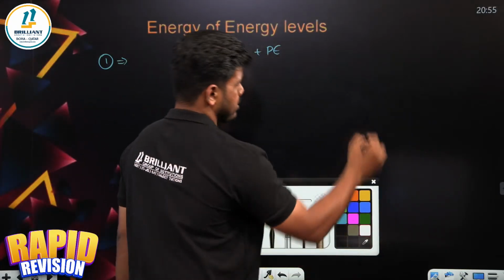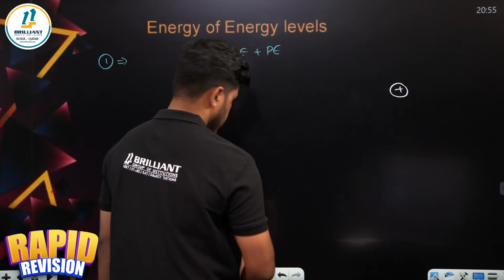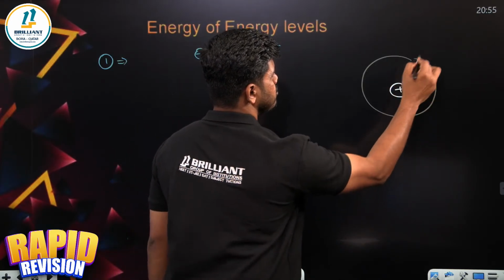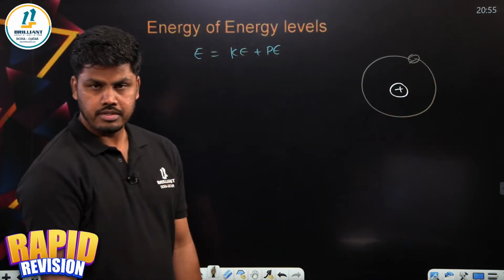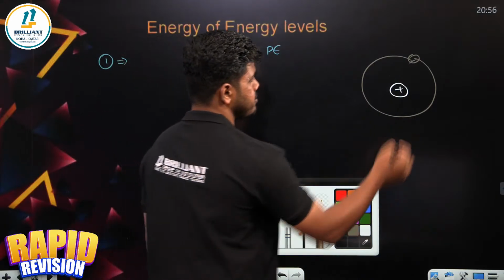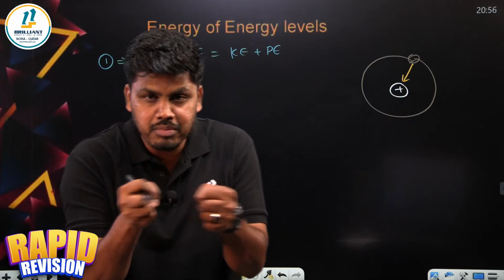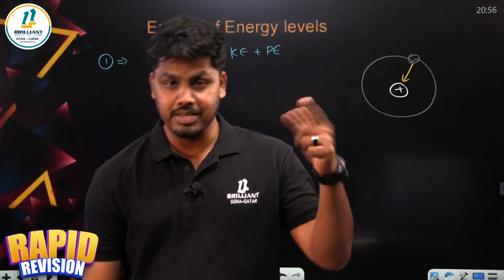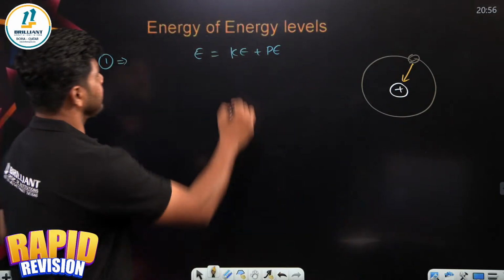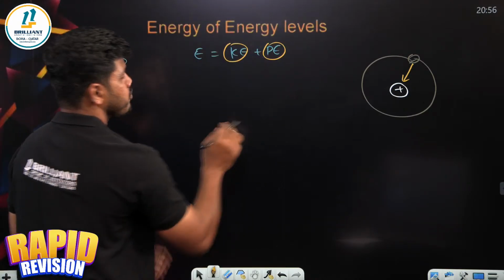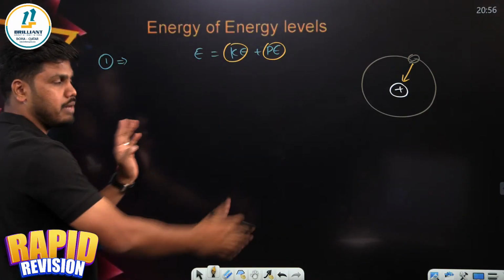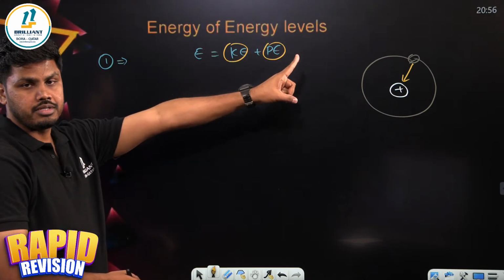Why electron possesses some kinetic energy? Because it is revolving around the nucleus, it is moving around the nucleus, kinetic energy. Why it possesses some potential energy? Because there is an electrostatic force acting between nucleus and electron, attractive force, there will be potential energy. So then kinetic and potential energy values, if you know, directly you can substitute and add them, that will give you energy of the energy level.